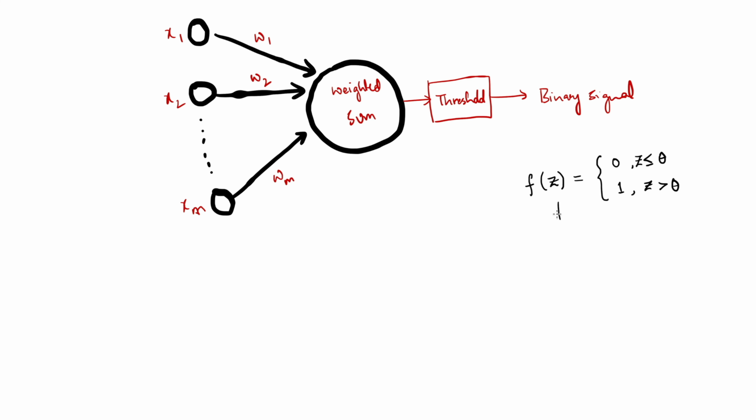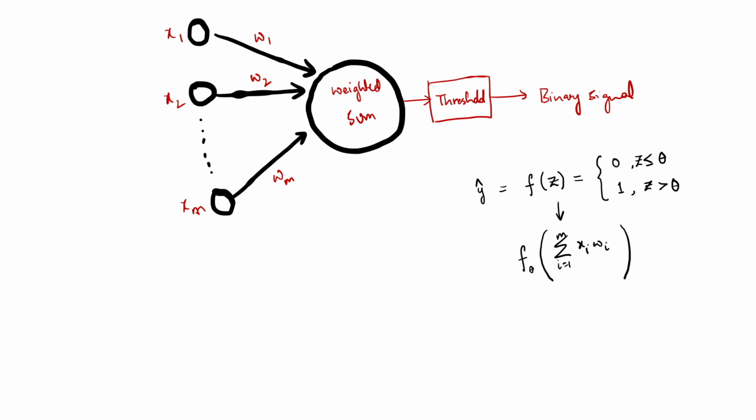Now, this could also be written as a function of the weighted sum, which is the summation of inputs multiplied by corresponding weights, i takes values from 1 to m, which is parameterized by the threshold value theta. Simple. Now this could also be written as y cap.